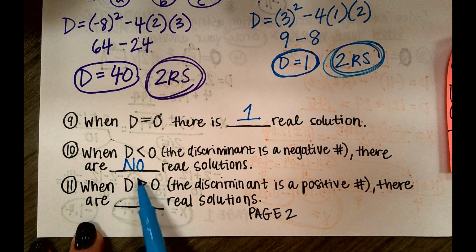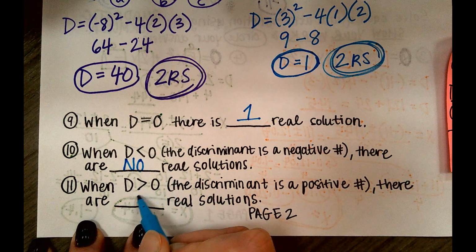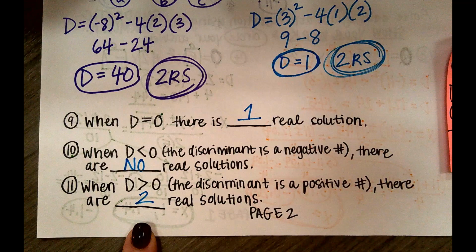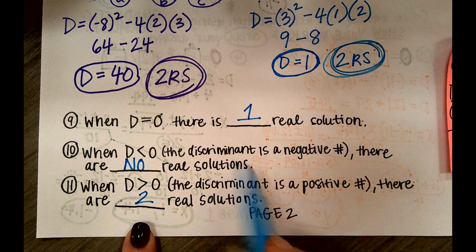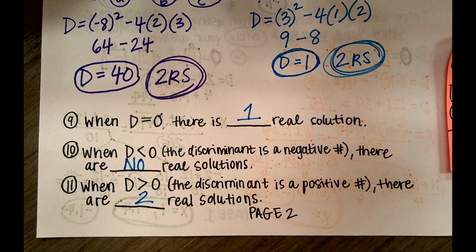When the discriminant is greater than 0, or it's a positive number, there are 2 real solutions. On your quiz, these will be mixed up. Don't write 1, 2, and no in the same order. It's not going to work. You'll get them all wrong. Read them. Okay?